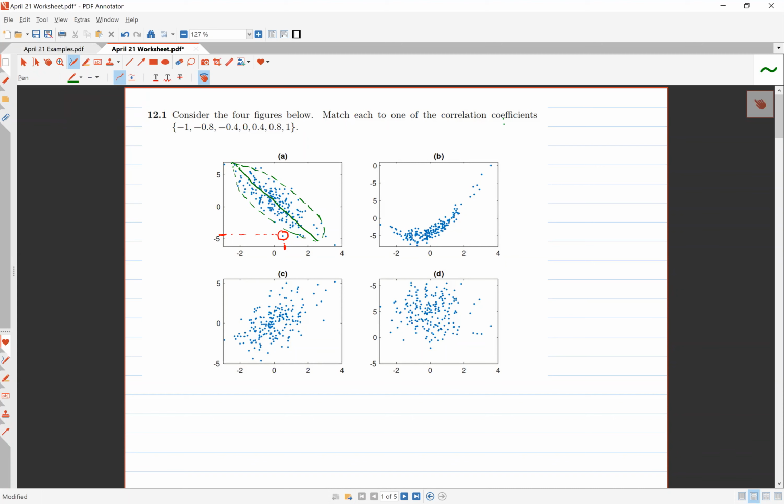So if we just look at A versus C at this point, in each case, you can imagine a trend line. But if you look at how closely those points cluster around the trend line, in A, they're a lot closer, whereas in C, they're a lot further apart.